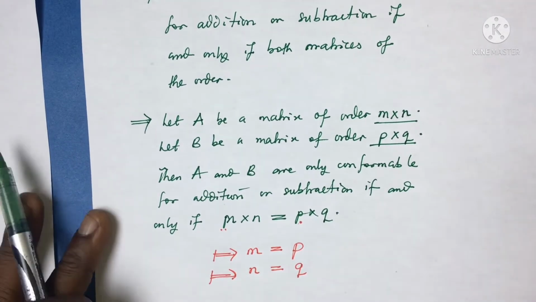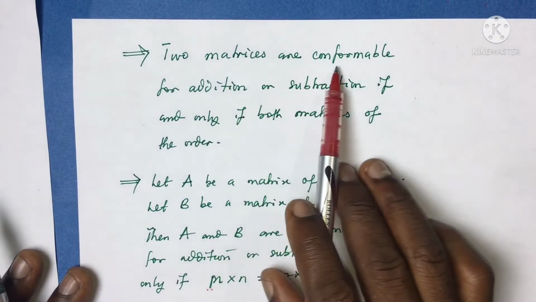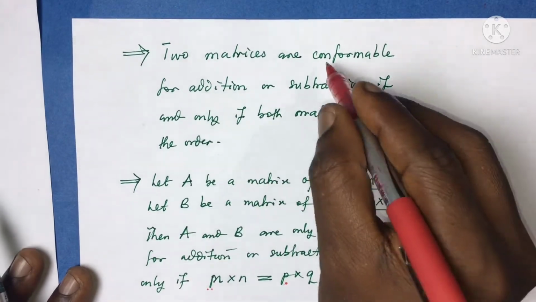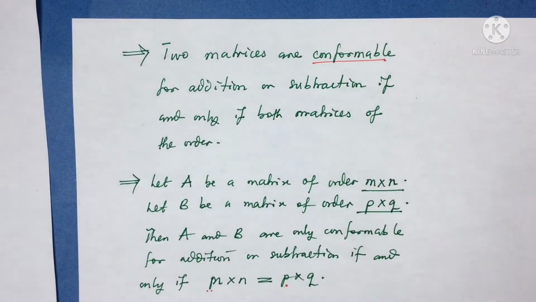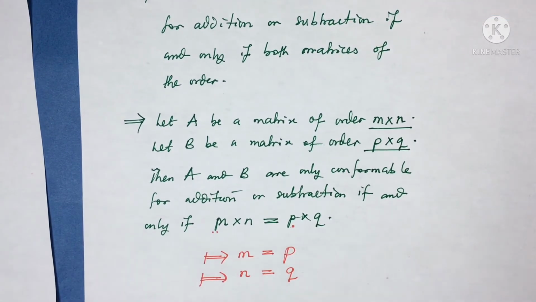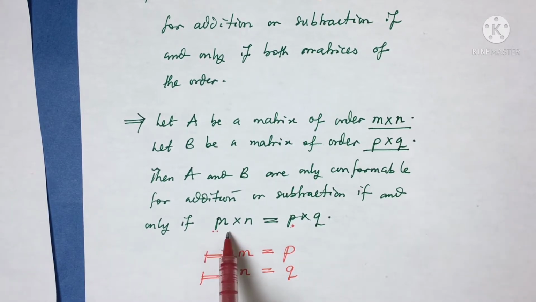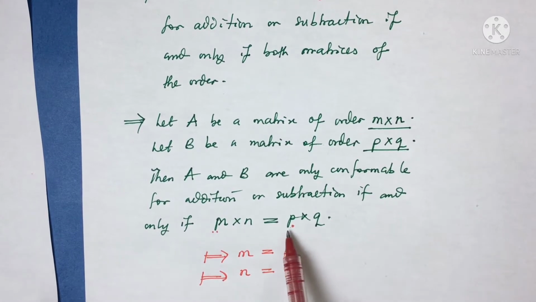Now, what did we say earlier? Two matrices are conformable for addition, and the word conformable means agree. Two matrices agree for addition or subtraction if and only if both matrices are of the same order. Now, if we take two matrices, A of order m by n and B of order p by q, then A and B are only conformable for addition or subtraction if and only if the order of A, which is m by n, is equal to the order of B, which is p by q.